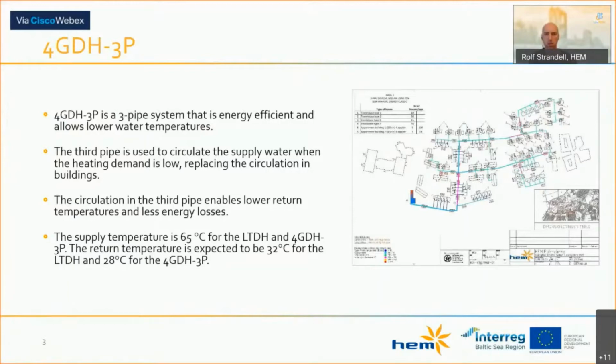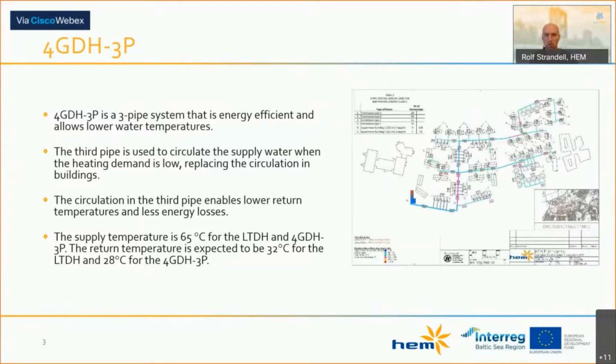And this third pipe circulates the hot water instead of leaking it to the return pipe as is standard in all the district heating networks. We circulate that heat, so the temperature in every customer's house is the same as in the network, without having to circulate the hot water back into the return pipe and raise the temperature in the return pipe.